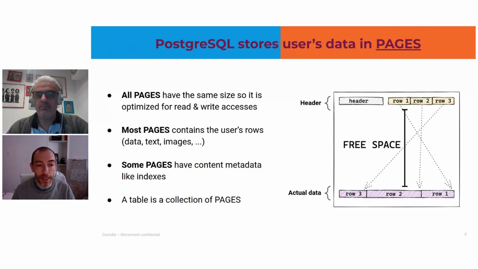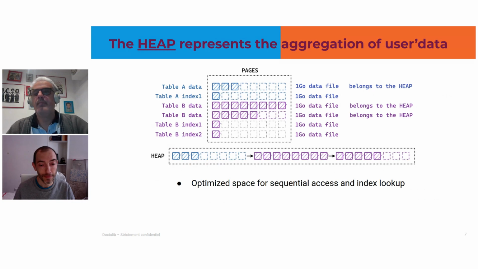Most pages contain data, text, and images, and some other pages are just for indexes. So indexes are also stored in pages, and you can see a table just as a collection of pages. That's pretty basic. Next slide, please.